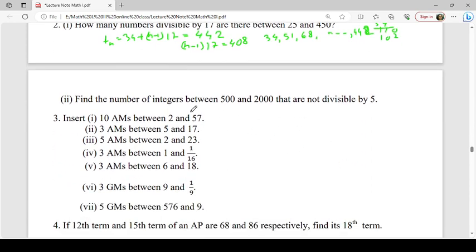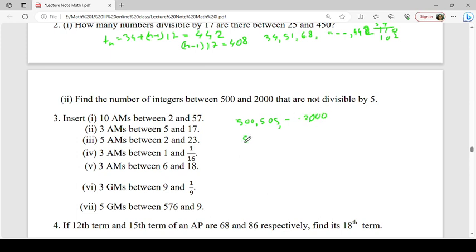Then this is a similar case. Number of integers between 500 and 2000 not divisible by 5. Divisible by 5 we see it is 500, then 505, etc. So the last term is 2000.